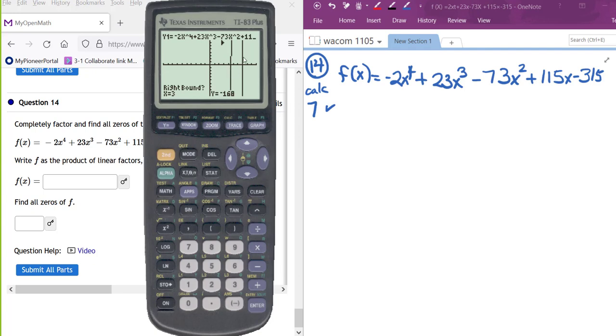All right, I can move the cursor. I need to get to the right of it. So 3, 4, 5 should be okay. 1, 2, 3, 4. 5 is clearly to the right of it. So I'm just going to enter that. And I'm going to say guess. Enter on guess.